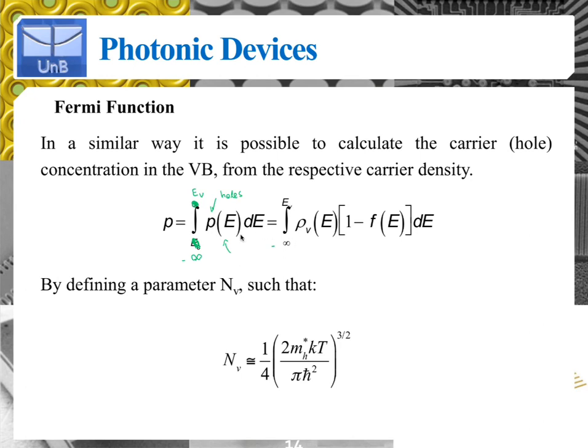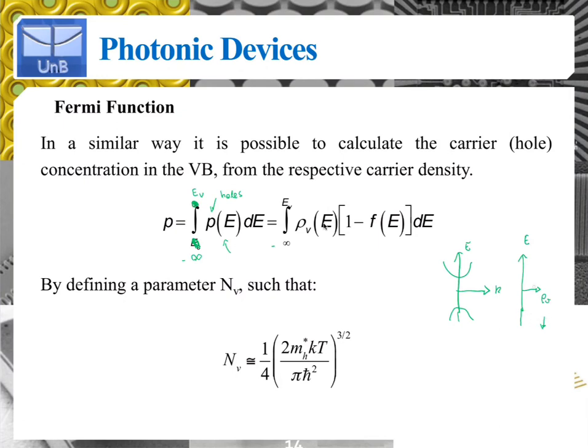This carrier density will be equal to the density of states. You have the E-K diagram with the bands, the band structure, and similarly you will have the density of states, which is now the density in the valence band, which also grows with the square root of E as you go towards the middle of the valence band now.